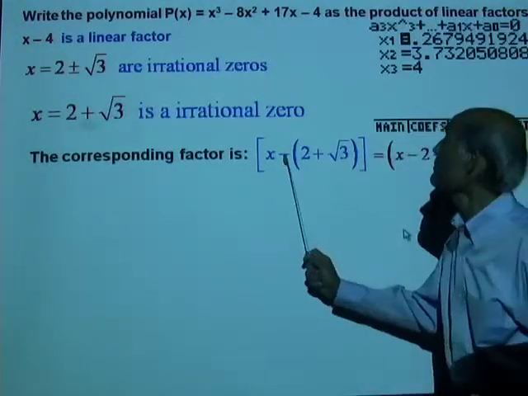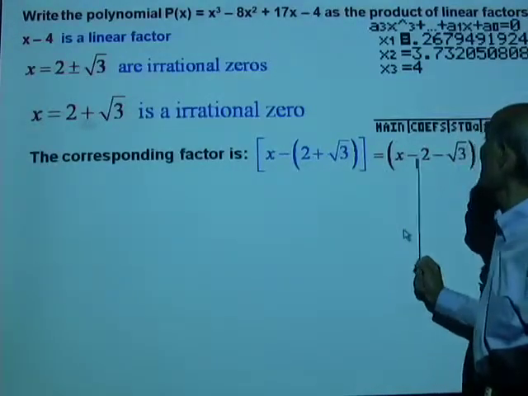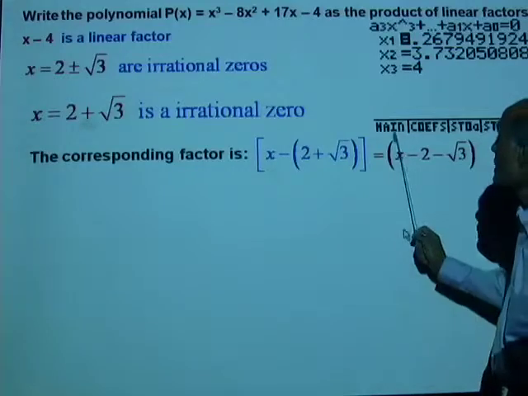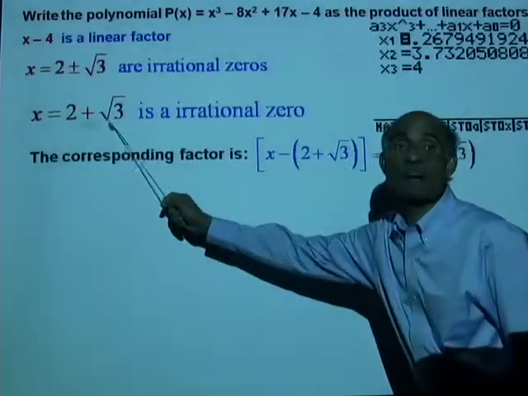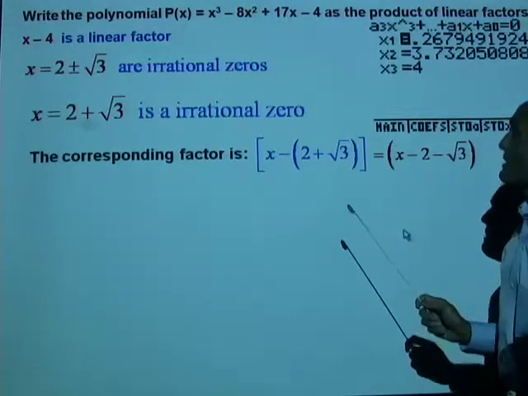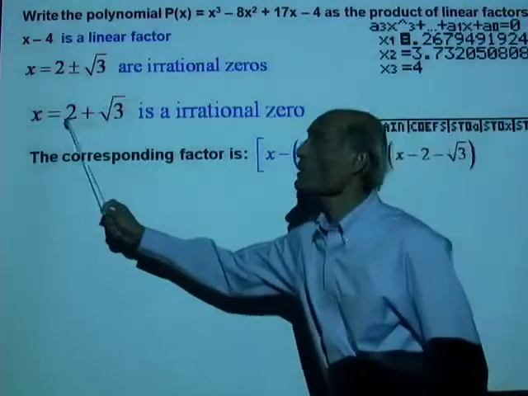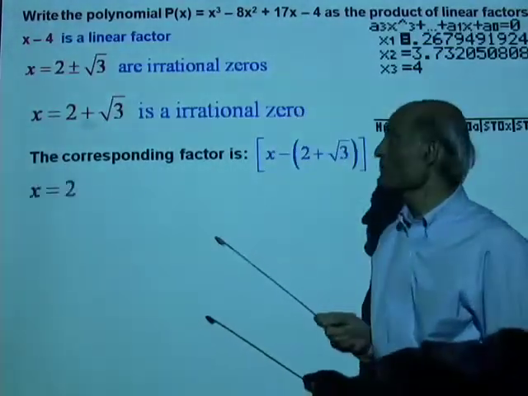Similarly, this can be written by expanding, that is x minus 2 minus square root 3. So one factor using the irrational zero is x minus 2 minus square root 3. That is what we obtained using the zero x equal to 2 plus square root 3.